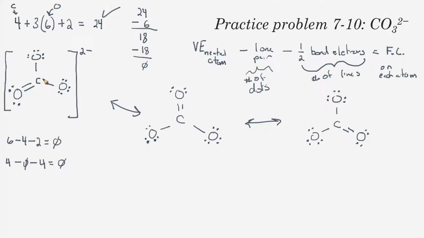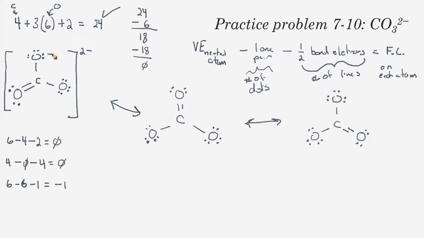What about these oxygen atoms? Well, let's continue on. So this one, again, is supposed to have 6. 6 minus the number of dots, 1, 2, 3, 4, 5, 6. 6 minus 6. And then minus the number of lines. There's one line. So this is 6 minus 7. That's minus 1.